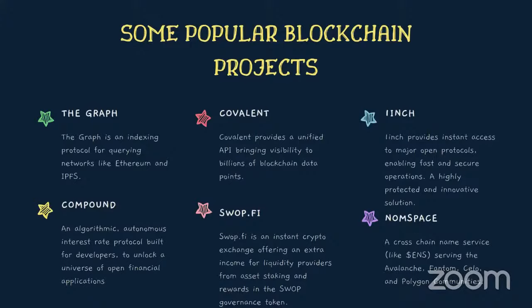You have to do the indexing yourself, set up a server where you listen for or read every block that's been sent to the blockchain, go through it, parse the events, and do a whole lot of jargon. But with The Graph, they do it for you.